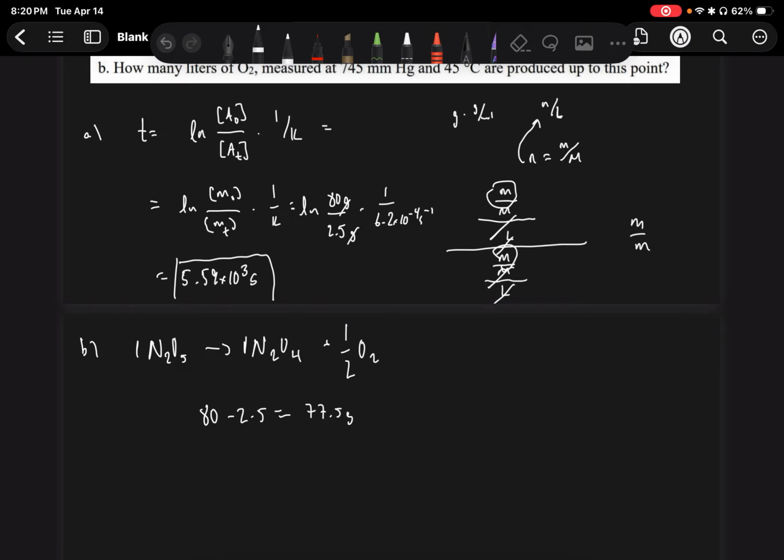Okay, 77.5 grams. Okay, molar mass of N2O5, 108.0 grams per mole, moles per gram. Divided by 108. Okay, this is the last question and I'm going to sleep. 0.718 moles N2O5.